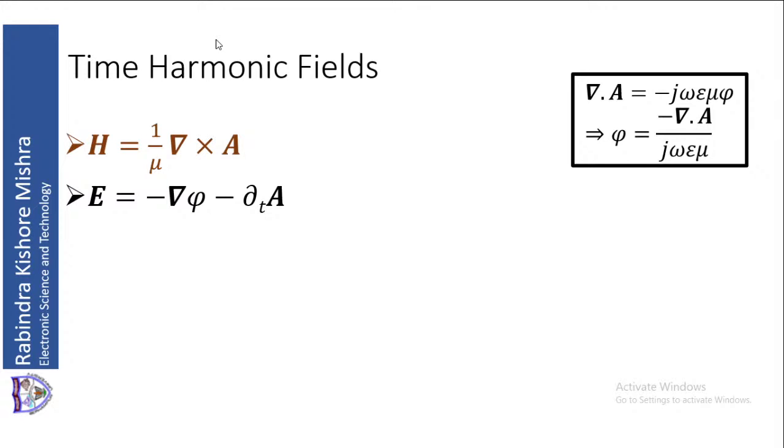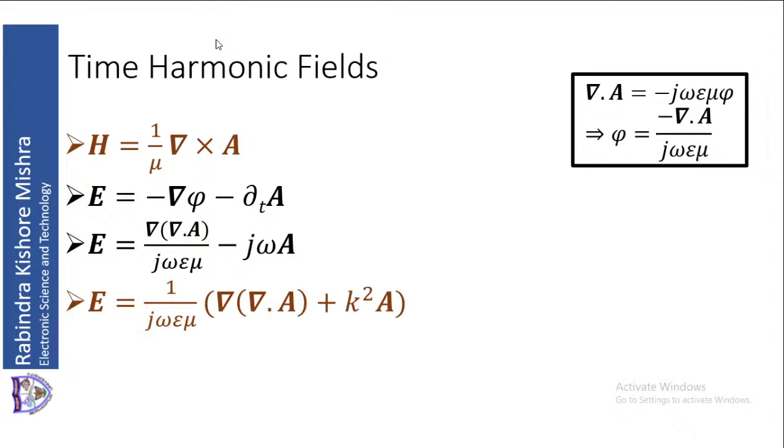E we know is equal to minus grad phi minus dou A by dou t. Using phi is equal to minus divergence of A by j omega epsilon mu, we put that in. So E is equal to gradient of divergence of A by j omega epsilon mu, then minus dou A by dou t.